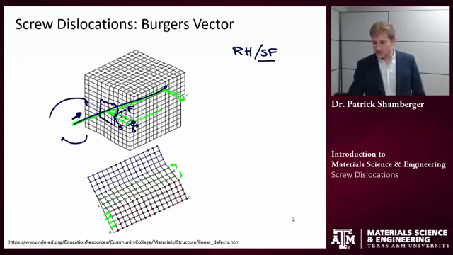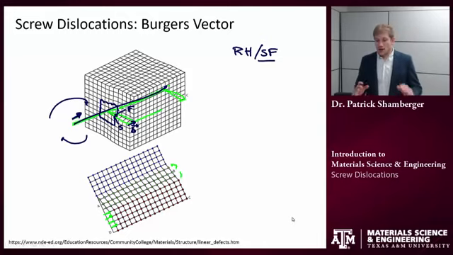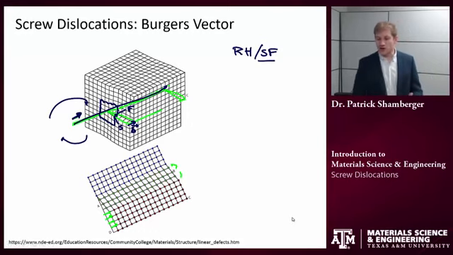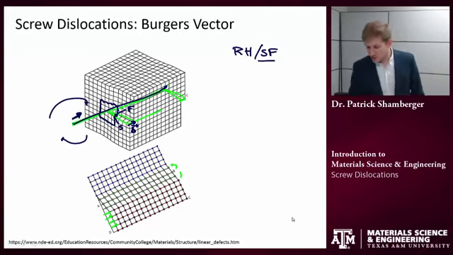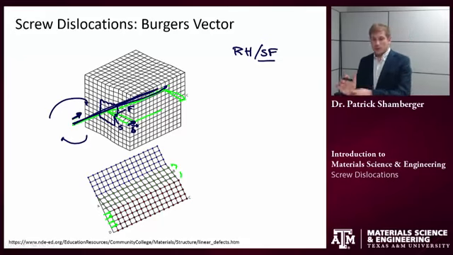And again, I use the symbol B to denote the Burgers vector. Okay, so as opposed to the edge dislocation, for the screw dislocation, the Burgers vector is parallel to the dislocation itself. So the line of the dislocation is this line, and the Burgers vector is this vector here. Those two are parallel. In edge dislocations, those two are perpendicular.